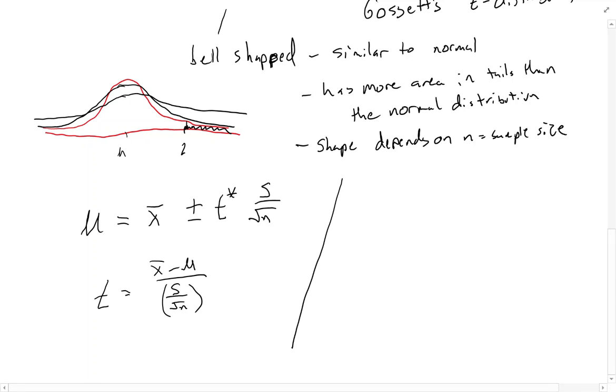But if by chance we're given the standard deviation of the population, if we're given sigma, then I get to use the z-score in there. So it all depends upon the standard deviation. Are you calculating the standard deviation based on the sample, or do we have some assumed value? Do we know the standard deviation of the population?